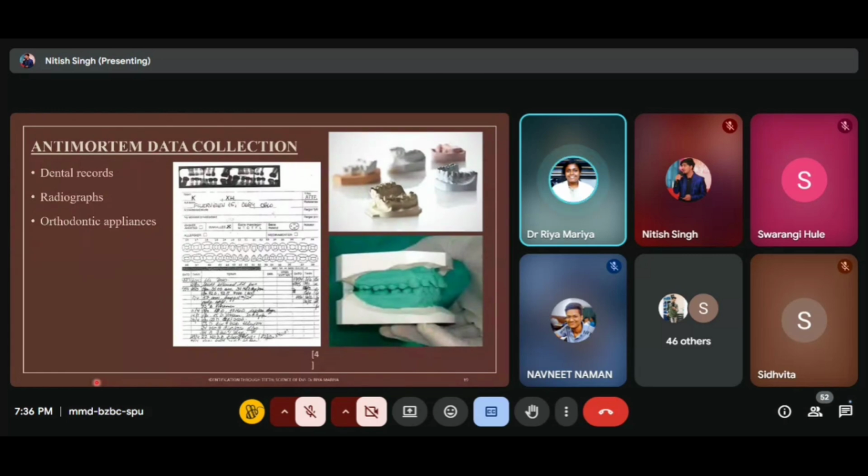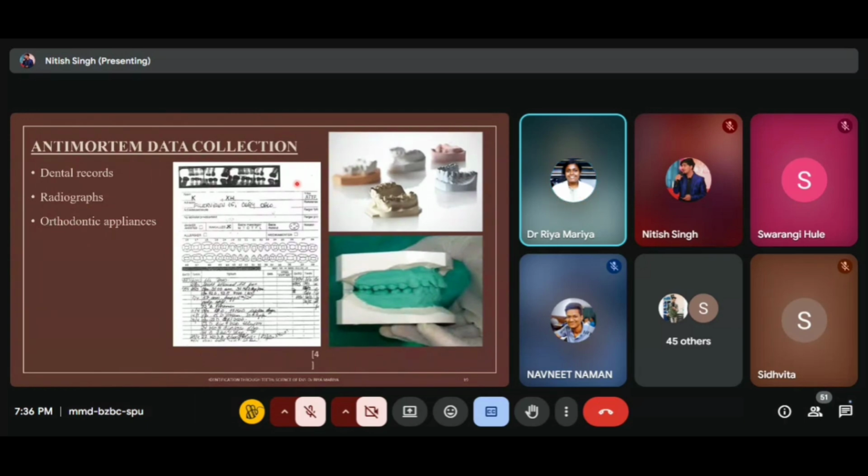Then orthodontic appliances or models. In this picture, you can see the first one is a dental record. In that dental record, an X-ray is also attached. And the second picture shows orthodontic models.